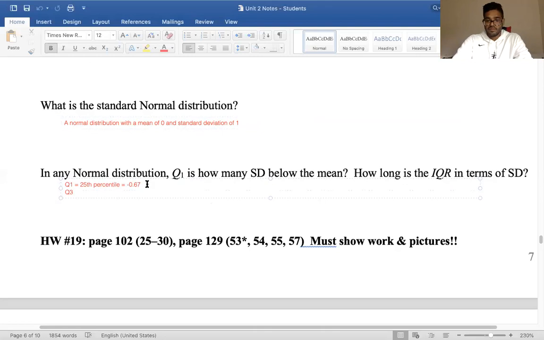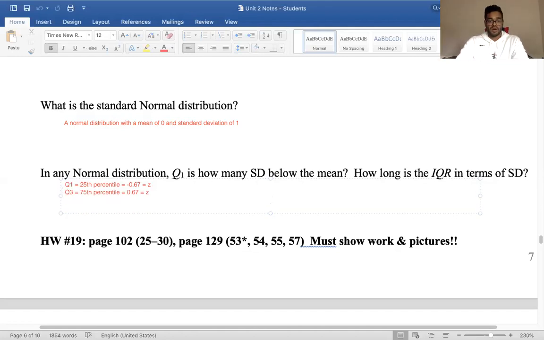This negative is a z-score, a z-value. Q3, same thing, equals 75th percentile. And that's positive 0.67. Okay, and again, that represents your z-score. Try to find 75% in the middle of the chart, and then find the corresponding z-score.